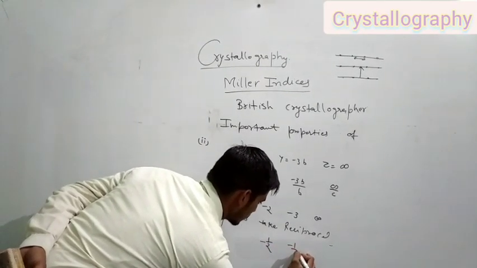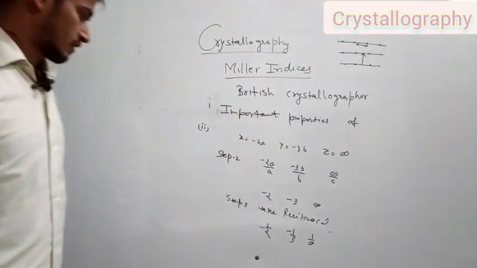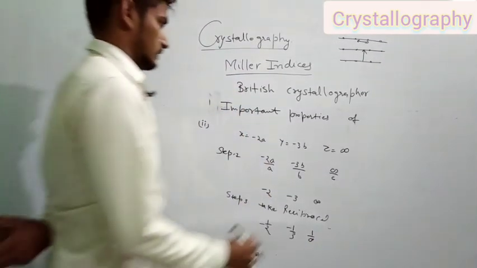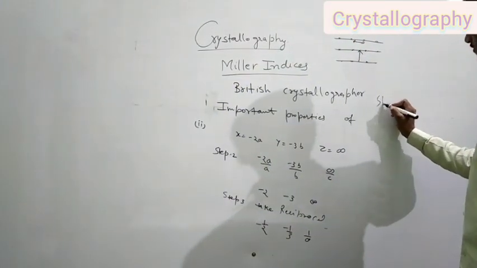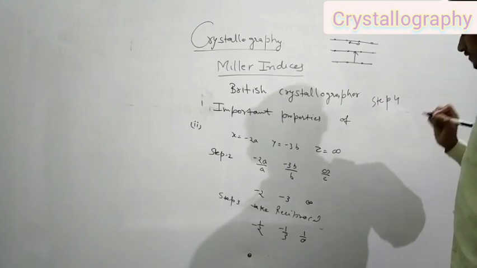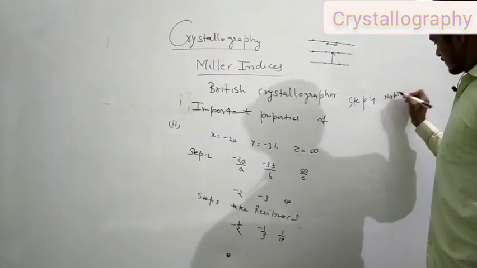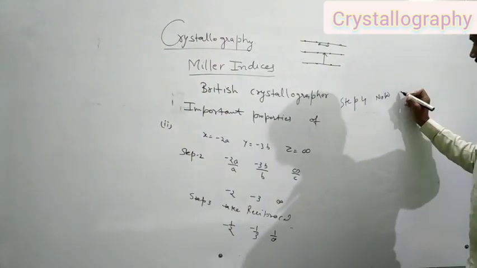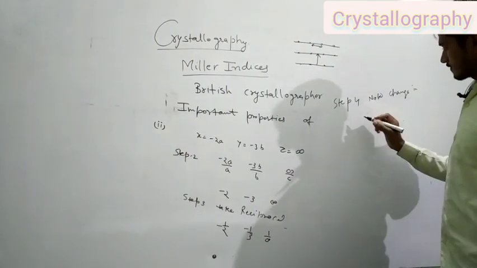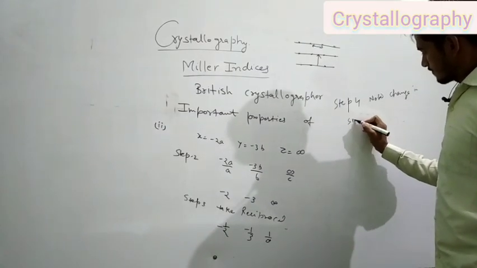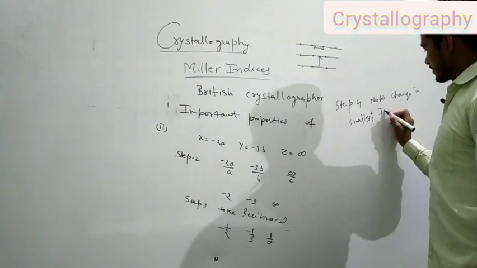Minus 1/2, minus 1/3, and 1 over infinite. Okay. Step 4. Now change to the smallest integer.